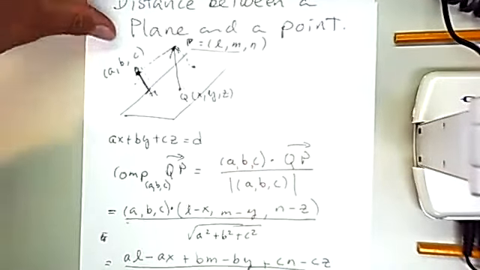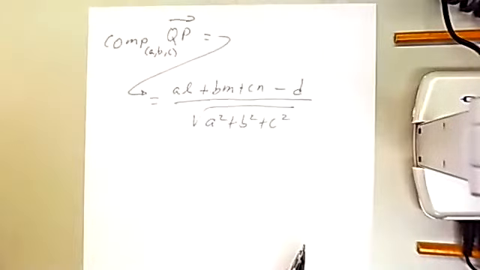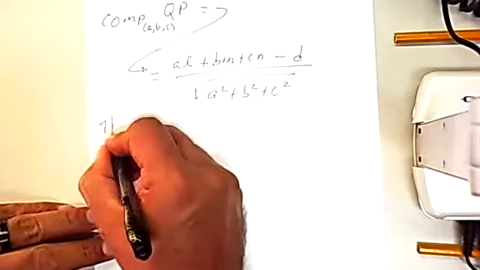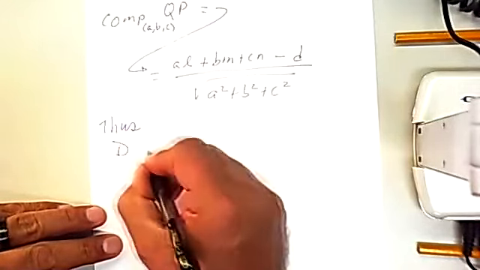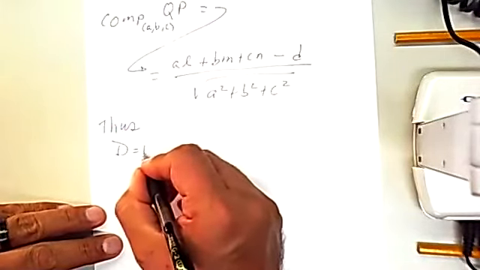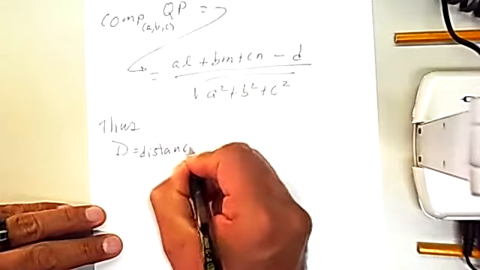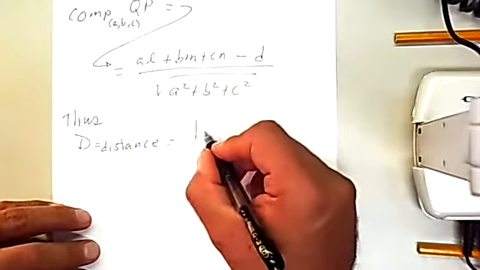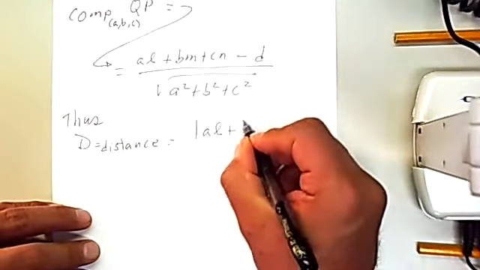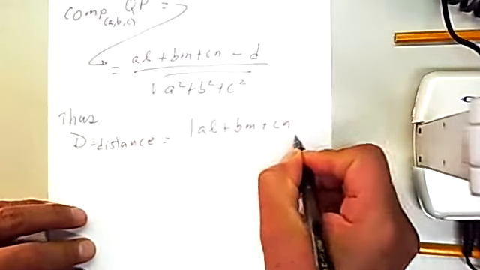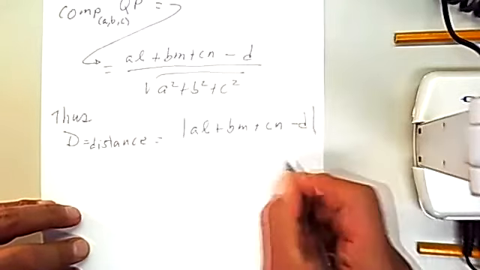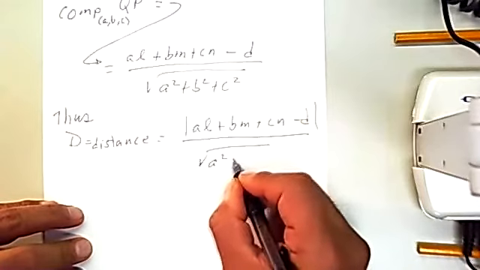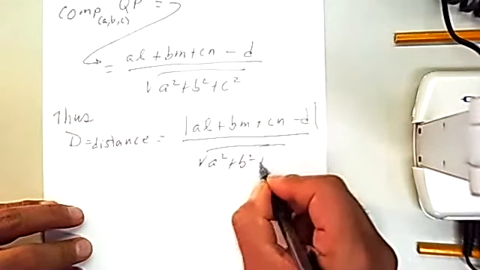So for the distance, D would be the absolute value of AL plus BM plus CN minus D, close the absolute value, and then divide by the square root of A squared plus B squared plus C squared.